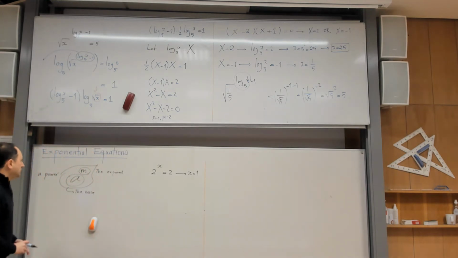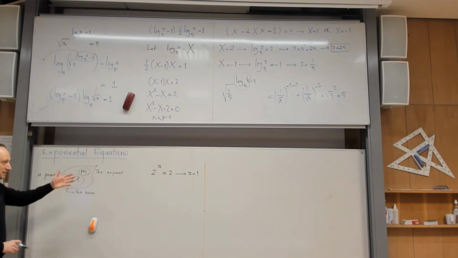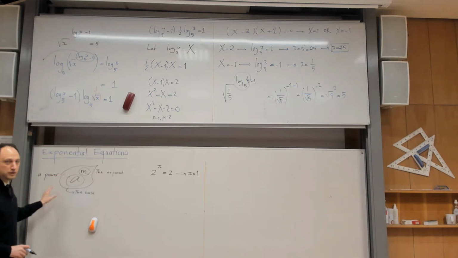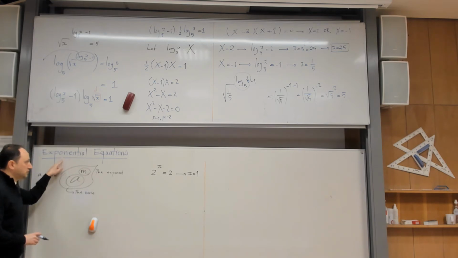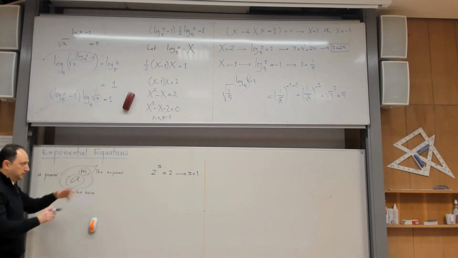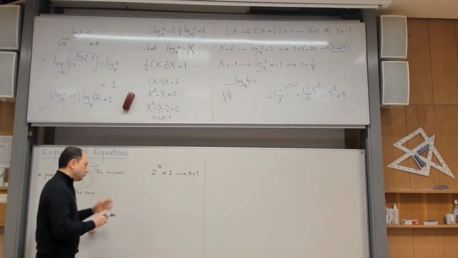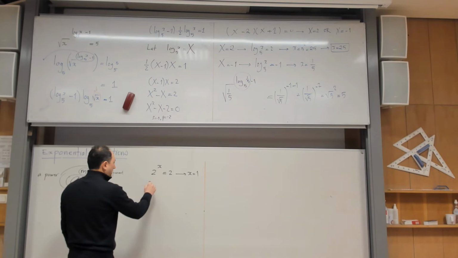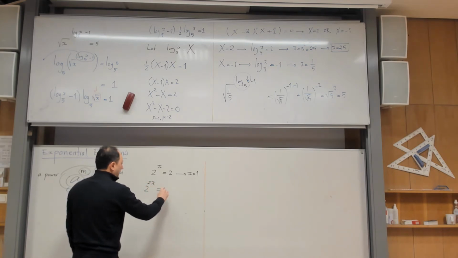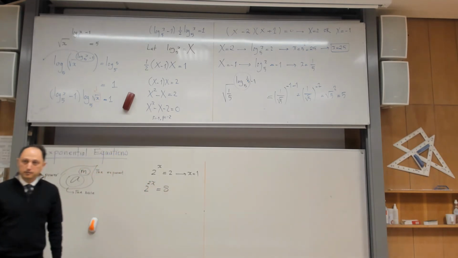So first of all, I want to review a little bit about the Math 1C lesson. We did this before, but now we can solve more diverse problems. For example, if I give you 2 to the power of 2x is equal to 8, you can still solve the problem.